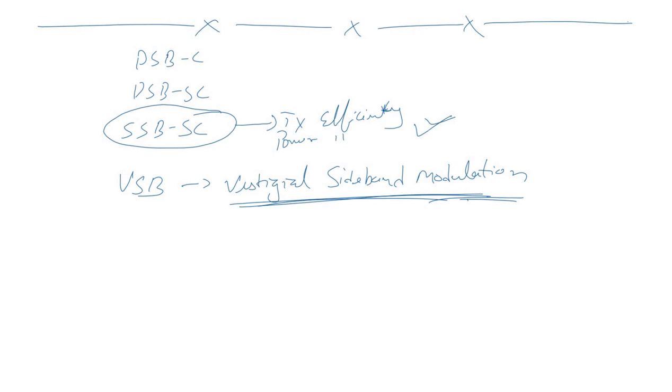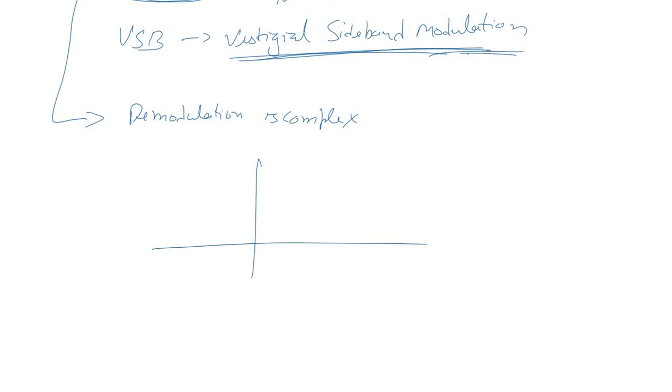But the drawback associated with SSB-SC was that the demodulation process is complex. Reason being, if you look at the frequency spectrum of SSB-SC, it consists of either the upper sideband or the lower sideband. It has only a single sideband, right?